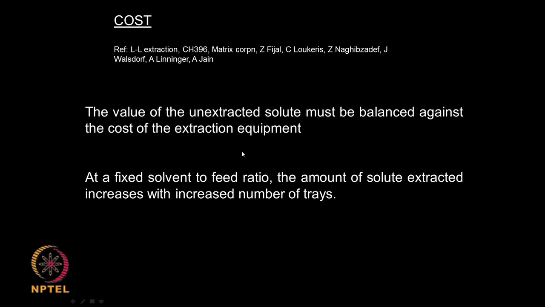If I am going to extract 90%, the cost of equipment will be something, but if I want to go to 99%, obviously cost will go up because I may have to go for more stages. So, is it worth extracting all the 99%? You need to consider that. If it is a bulk chemical, maybe it might not be very useful, but if it is a very high value chemical, maybe it is useful. So, you need to balance that, right.